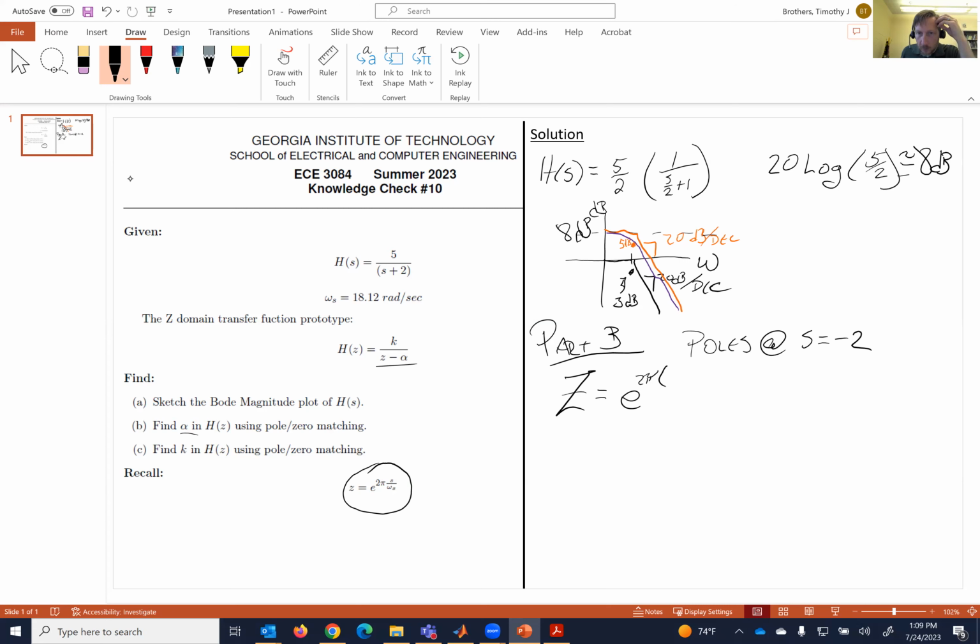And so we're going to do a -2 divided by omega S. Omega S is equal to 18.12.